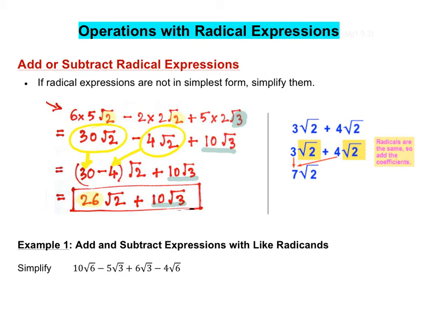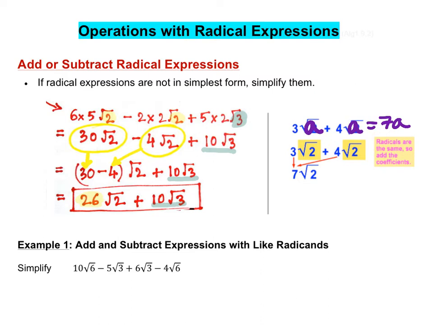Now, this may look different from something that we've done before, but I want you to think of it this way. If in fact we have, instead of square root 2, look at the example on the right in the blue, if instead of square root 2 it said a, so 3a plus 4a, we would know that that is 7a. Those are like terms, so we can combine them through addition or through subtraction.